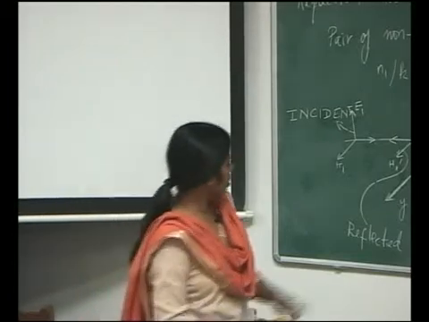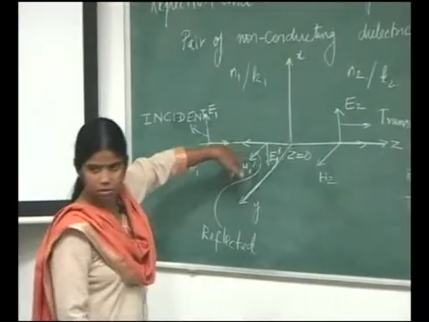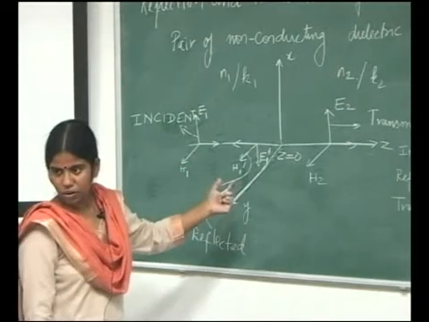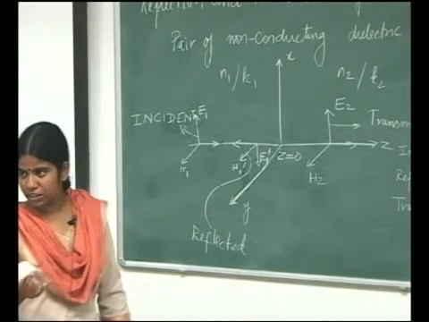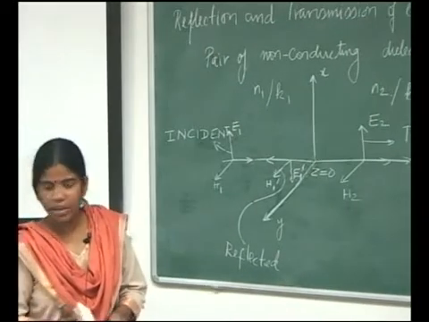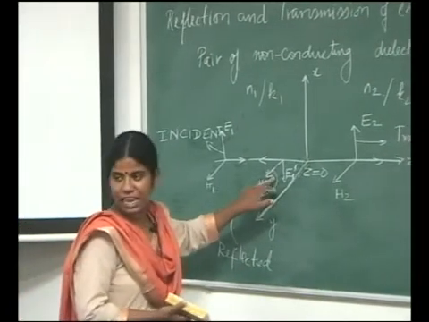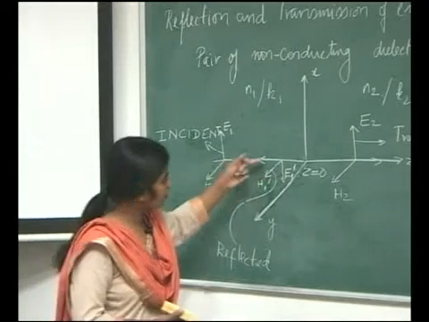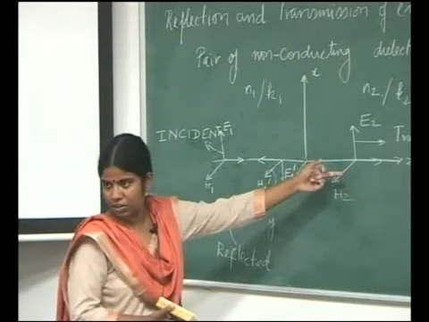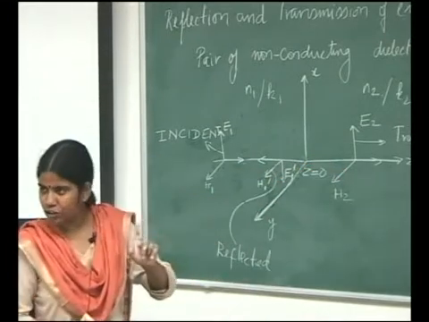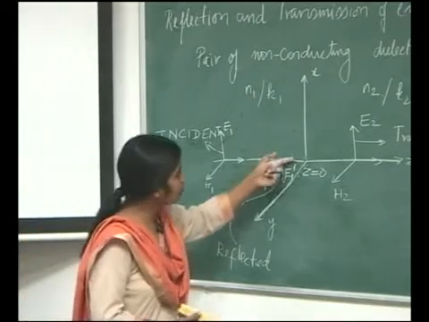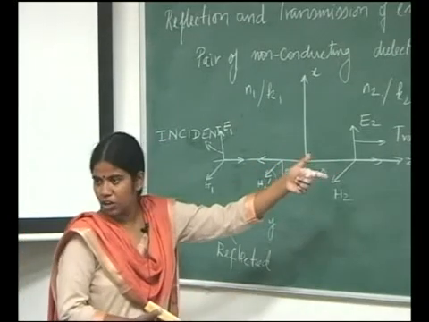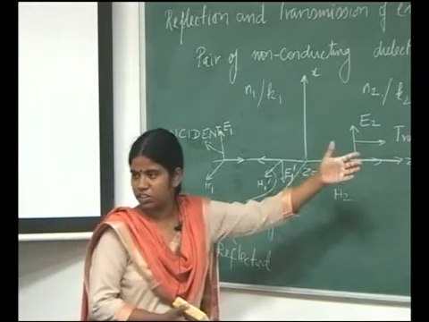Why would it come? Here see, everything is at the same place. H will not flip. If H also flips, now the question you could have asked is why H did not flip. If I flip both E and H, then E cross H will again be in the same direction. So either you flip H or you flip E. Otherwise the Poynting vector will again be in the same direction, E cross H. So propagation will remain in the positive x direction.